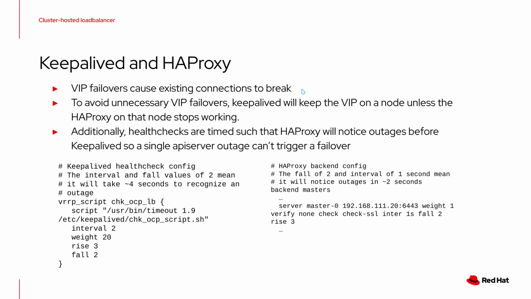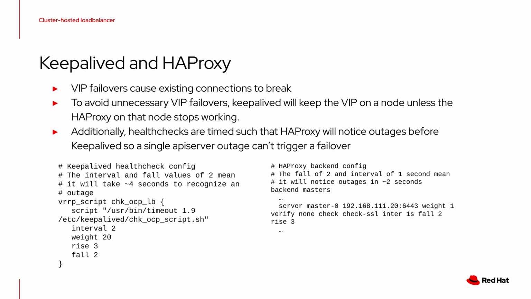So a few more details about this implementation. VIP failovers will cause existing connections to break, so those are something we really want to avoid. Technically, that's not even allowed in the OpenShift architecture, but this was the best we could do. So what we do is we try to limit the VIP failovers as much as possible, and to do that, we have keepalive set up to leave the VIP on a node unless the HA proxy on that node stops working.